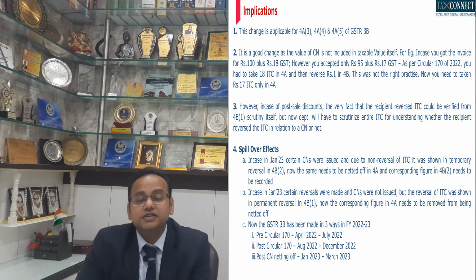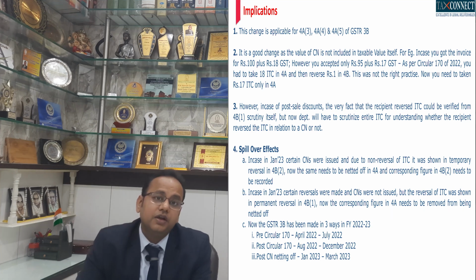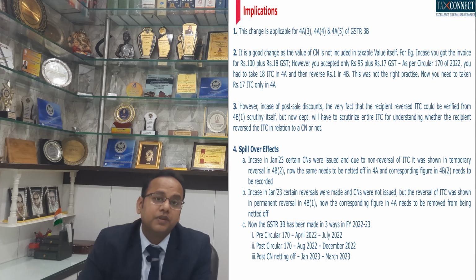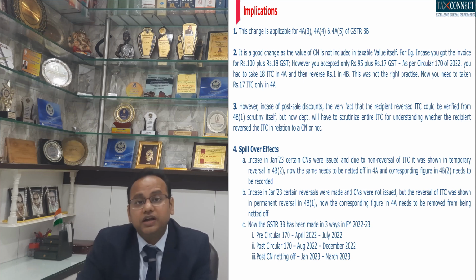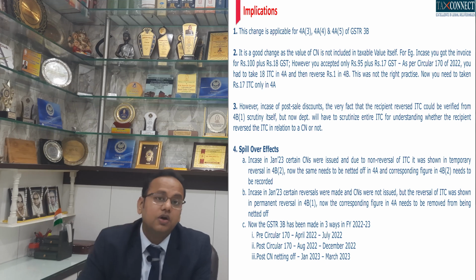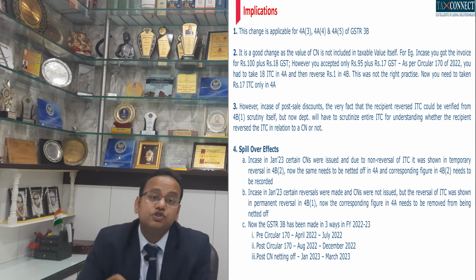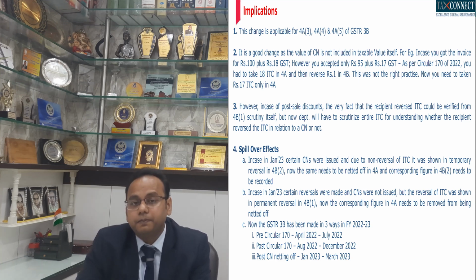On the other hand, say for example, a credit note was not issued by the supplier due to some reason in December 2022, but you have taken the impact of the credit note in 4B1 or 2 in December 2022 period return which you have filed in January 2023. However, the supplier issued the credit note in Jan 2023 which would show as a net of figure this time in 3B.